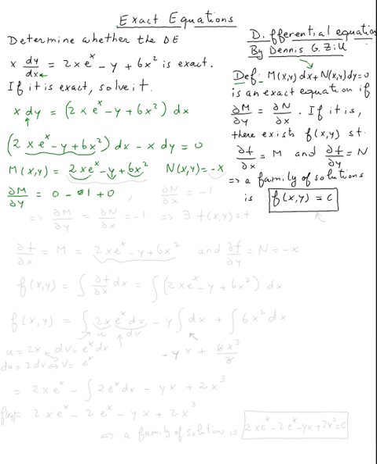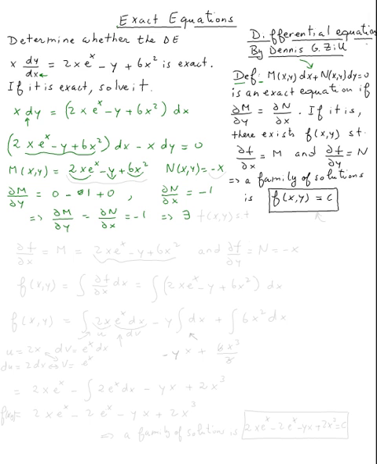So we got negative 1. Right? Partial N with respect to x is evident, it's negative 1. So therefore, partial M with respect to y is equal to partial N with respect to x, which is equal to negative 1.